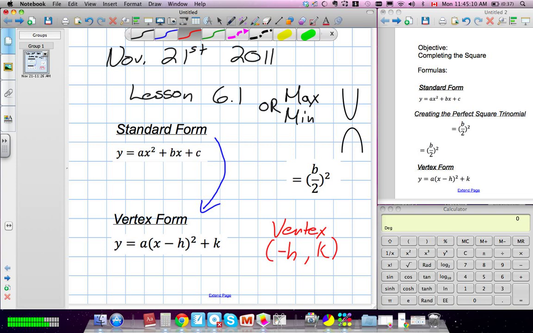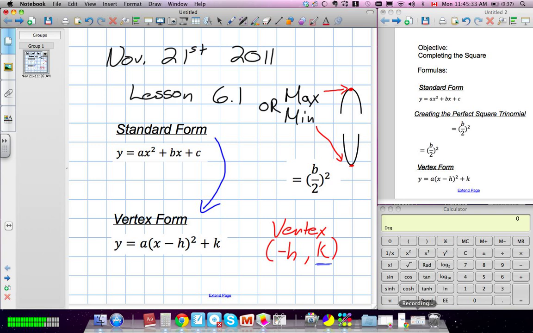I should have rearranged those. Okay. This will be the maximum point of the parabola. That will be the minimum point. So essentially, our k value will tell us what the max and the min will be to a parabola. Those are all very important for today's lesson.